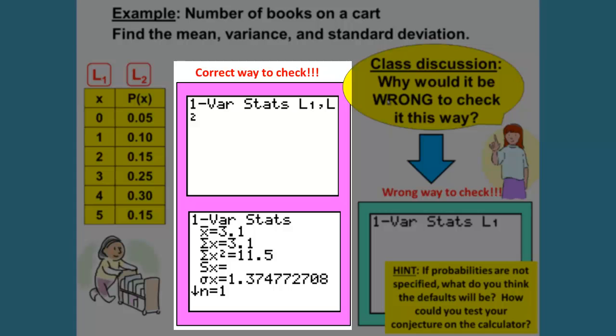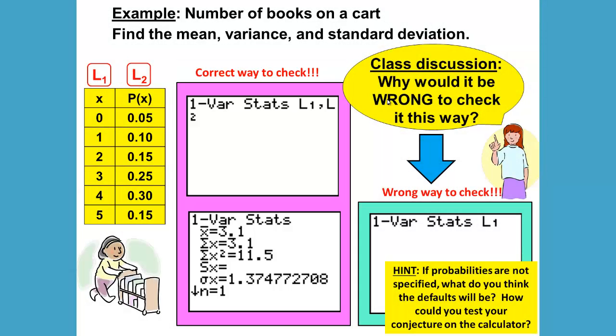For something for you to think about at home, why would it be wrong to check this way, which is var stats list 1? And why is it correct to use var stats list 1, comma, list 2? And why does that give us the right answer?